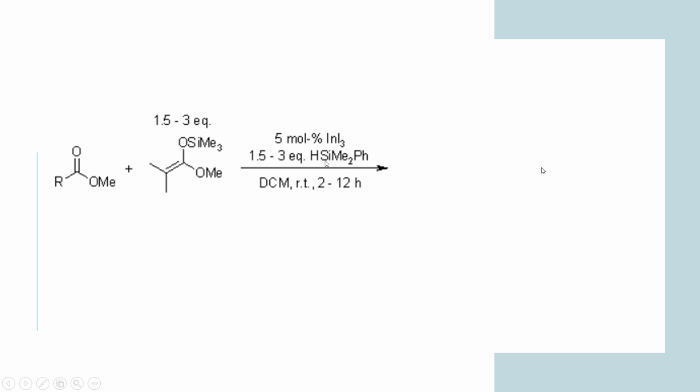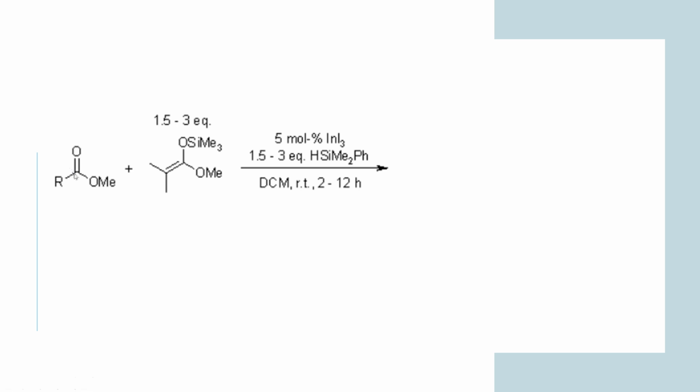Actually, in case of some Lewis acids, some additive compounds are added to increase the activity of the Lewis acid. So in this reaction, indium iodide is the particular Lewis acid which is acting as the coordinating partner of the carbonyl group of this ester partner for the Mukaiyama aldol reaction.